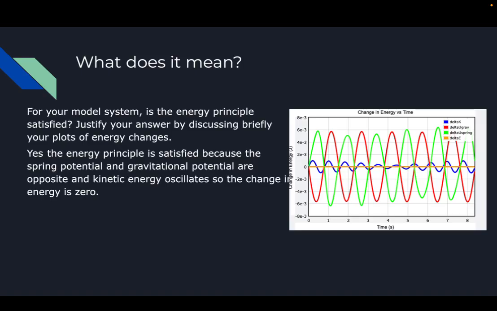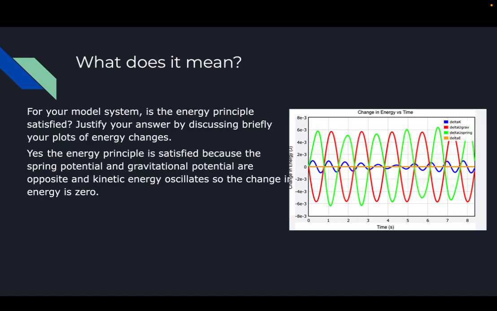What does it mean? For your model, is the energy principle satisfied? Yes, the energy principle is satisfied because the spring potential and gravitational potential are opposite, and the kinetic energy oscillates so that the change in energy is zero. You can see this in the graph by the red being gravity and green being spring.